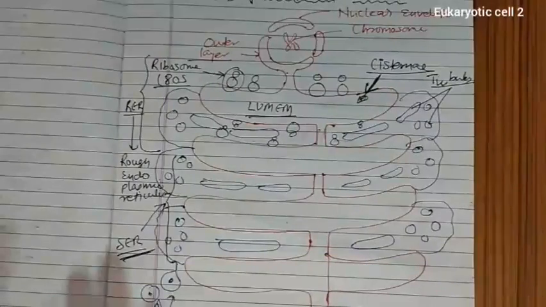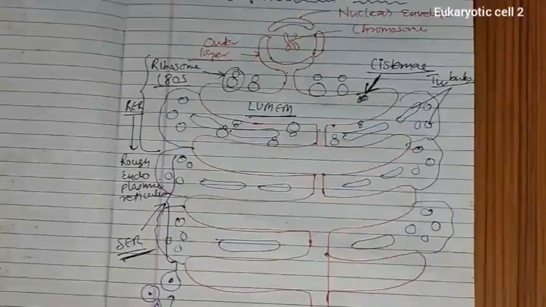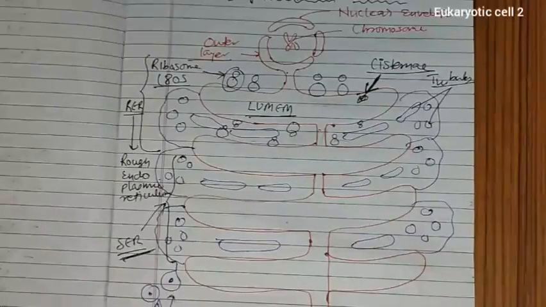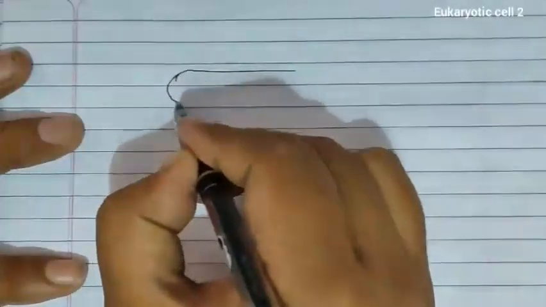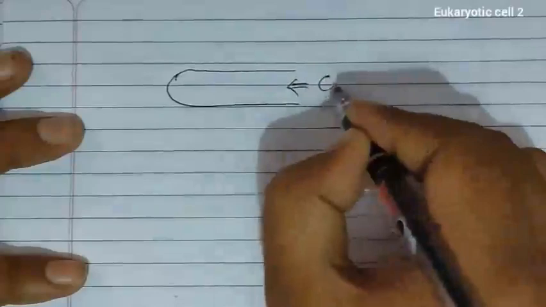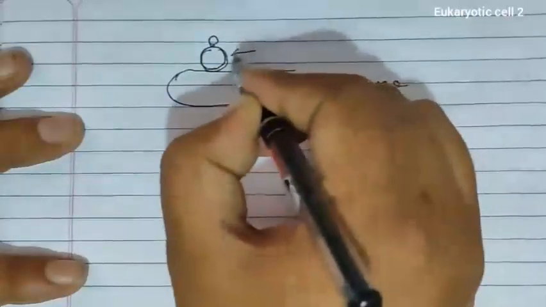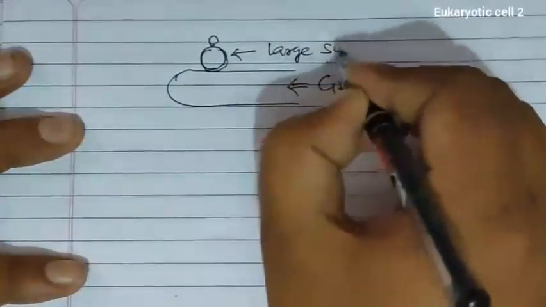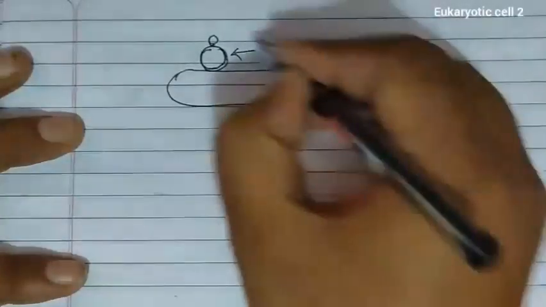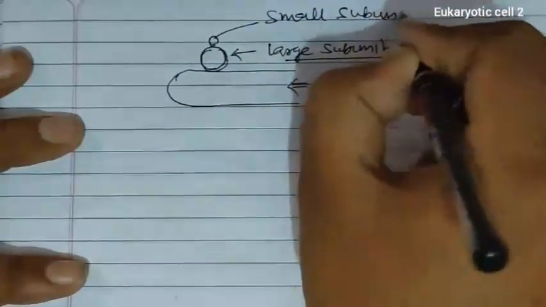Okay, so we have dealt with all the structural aspects. Now we have to understand one by one these structural aspects. So first we start with the cisternae, then we will talk about tubule and all those things. First we talk about attachment of ribosome. Suppose this is a cisternae, and the ribosome is attached through the large subunit. This is large subunit, and this is small subunit.